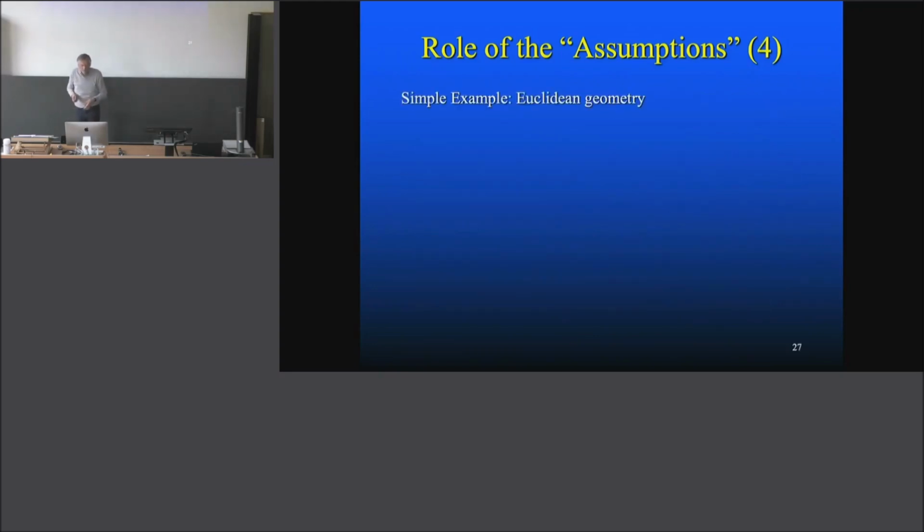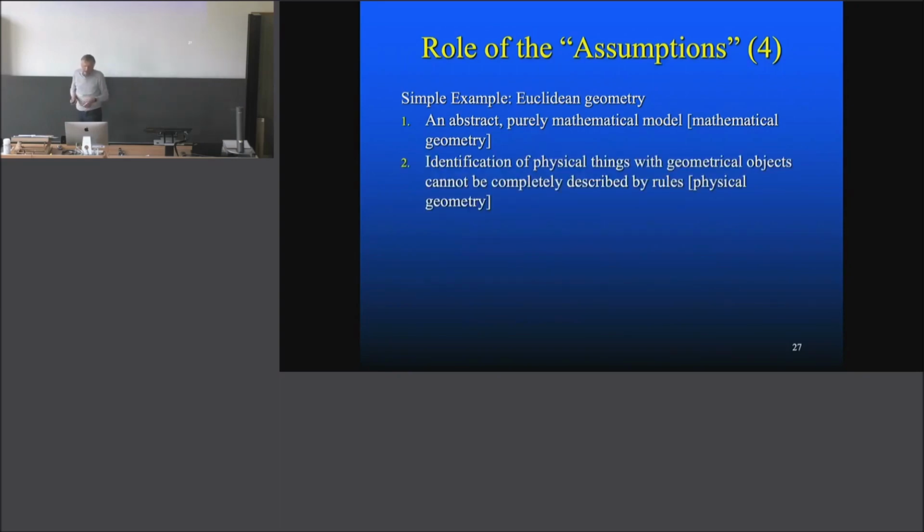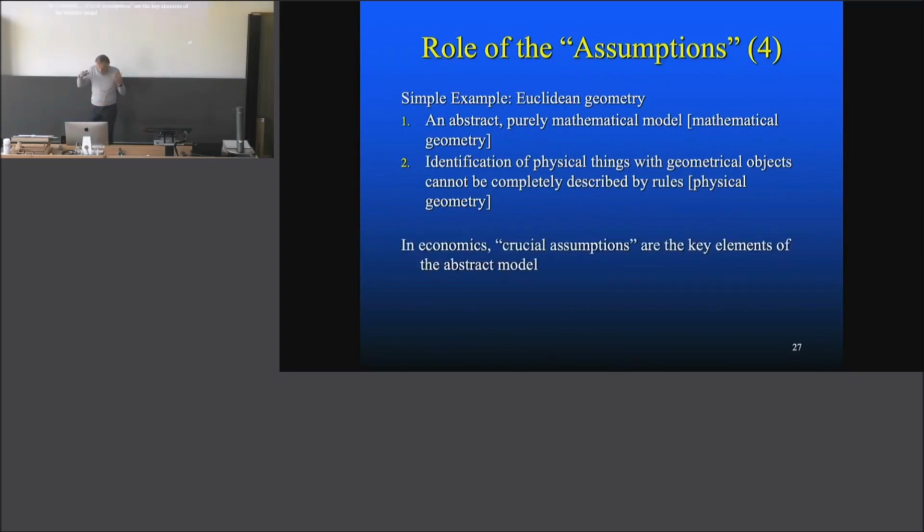Okay. A simple example is Euclidean geometry. It's an abstract, purely mathematical model, mathematical geometry. If you use that in real space, then you have to identify physical things with geometrical objects, and they cannot be completely described by rules. That's what today is called physical geometry. In economics, crucial assumptions are the key elements of the abstract model, that's what he claims.